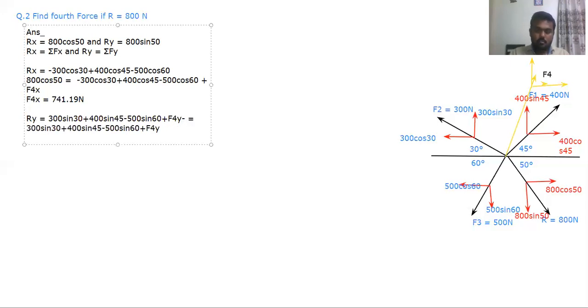What will come? Minus 800 sin 50. Okay. So after doing the calculation here, I will get F4y is equal to, how will we calculate, minus 800 sin 50 minus 300 sin 30 minus 400 sin 45 plus 500 sin 60.